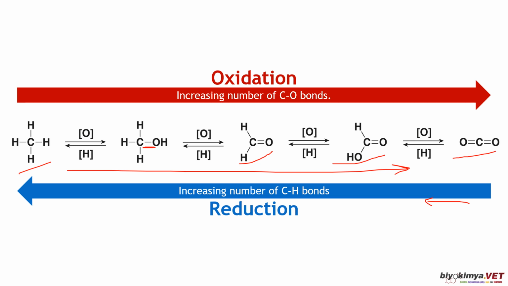It's a type of reduction. We will discuss this in the alkanes and alkenes. If there's an alkene, which means there's a carbon-carbon double bond, and we add hydrogen, it's a kind of reduction. So it will produce an alkane. This is called hydrogenation.